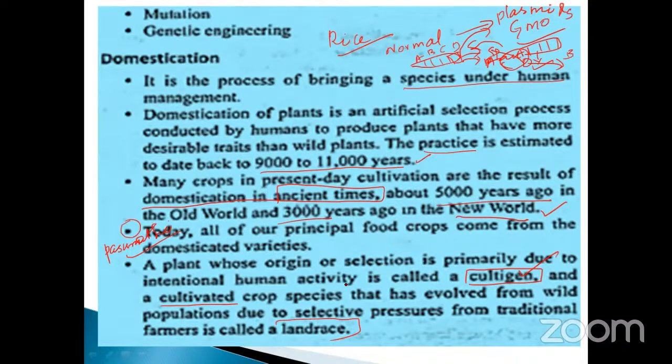Primarily due to intentional human activities only. Ancient ages, how many years before? 5,000 years before. What did they do? They practiced domestication so many times. Domestication means they prepare it themselves, practice it so many times, then only they will get the good result. After that, it is introduced to the farmer. That is called landraces.